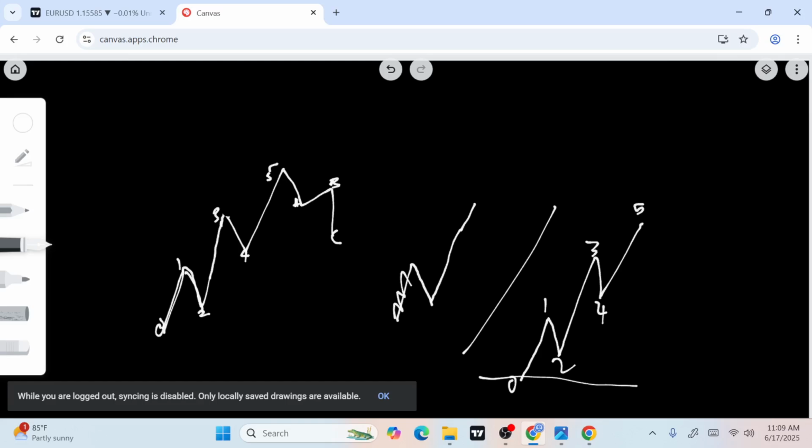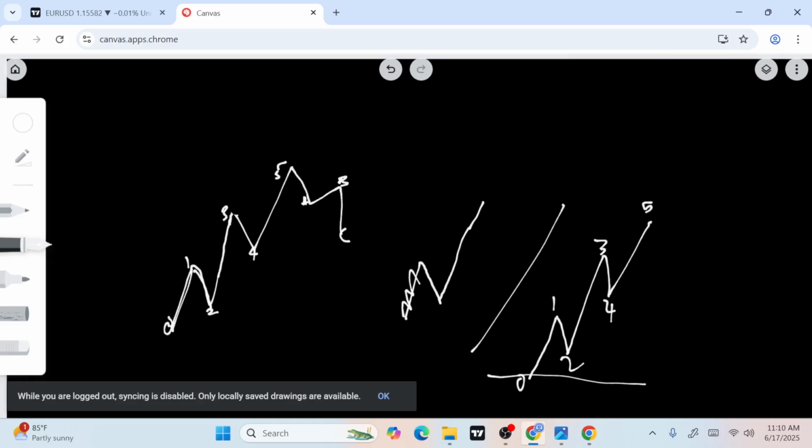It's called a corrective wave. Most times the market gives you an A, B, C to the 50%, then continues its movement to an uptrend. That's basically the level of Fibonacci.